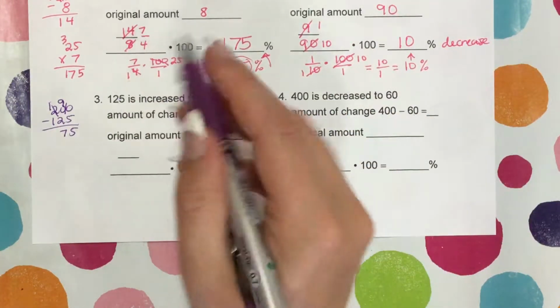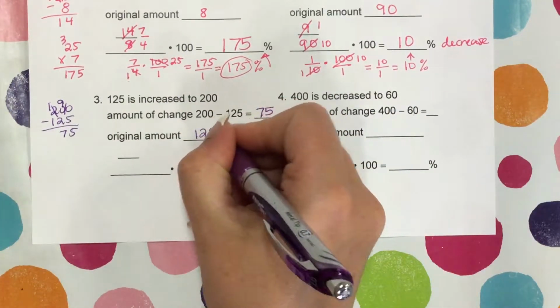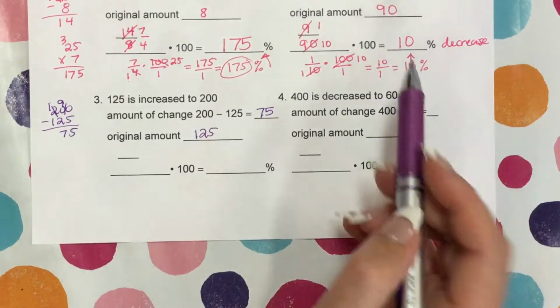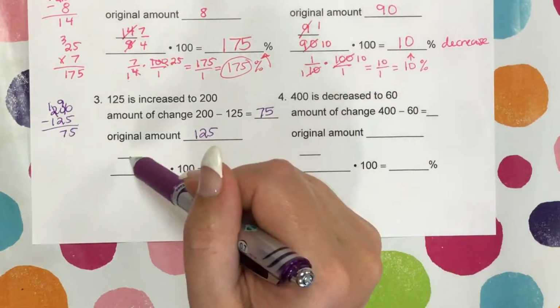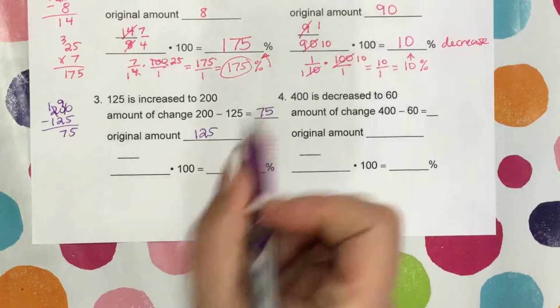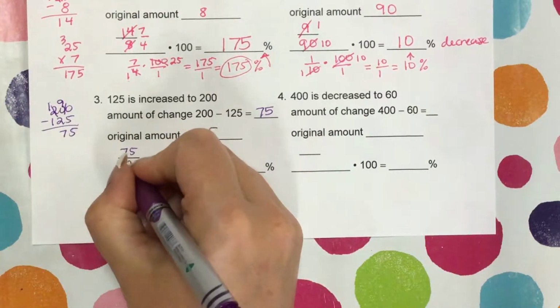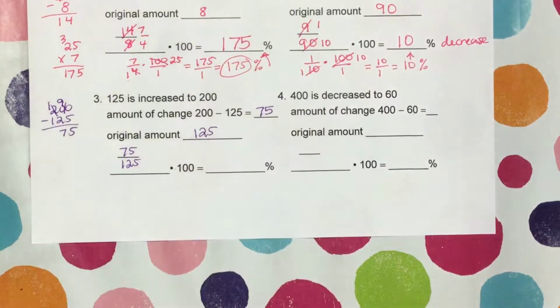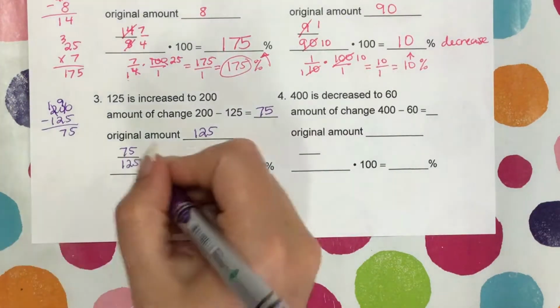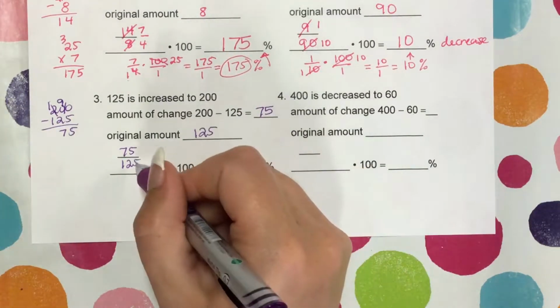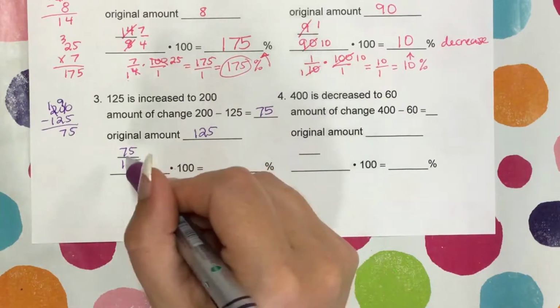The original amount that we started with was 125. So our equation says we take the amount of change, we put that on top, and divide it by the original amount, which is 125, and then multiply that by 100. So when I'm looking at 75 and 125, I want to ask myself, can I simplify anything here?